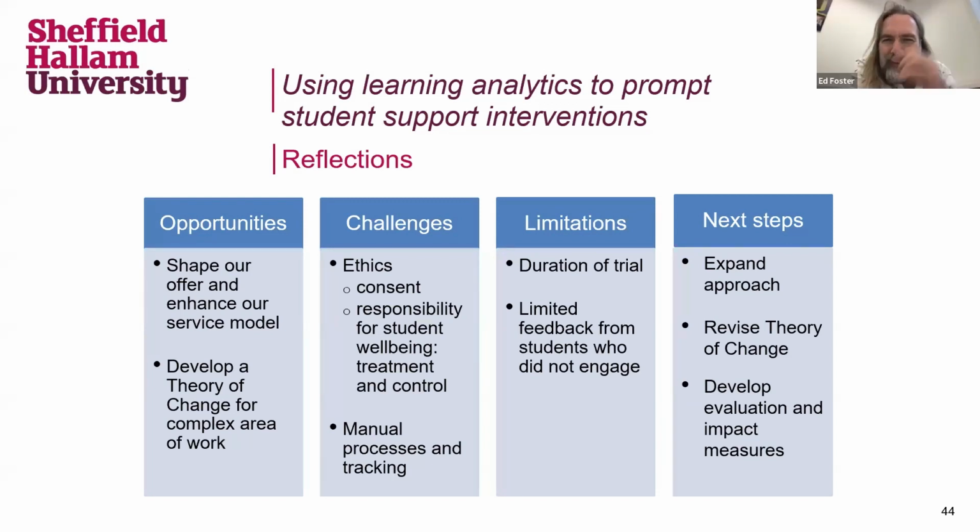I think the number one message is it's a hell of a lot messier than it might at first appear to be. Although this has been an RCT, for us there have been lots of issues around the boundaries between the two being very blurred.